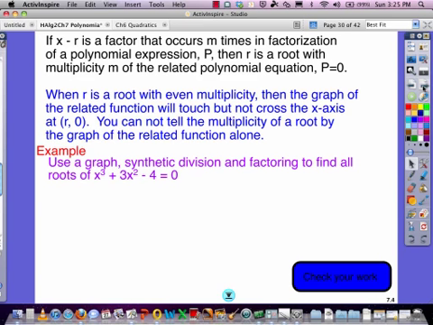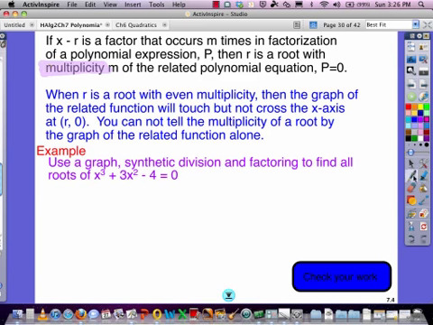Remember, our polynomial we're just referring to as p. Then that r value is a root with multiplicity m related to that polynomial. So a new vocabulary word here, and that is multiplicity. If it occurs more than once in our solution, it has multiplicity, multiple times.